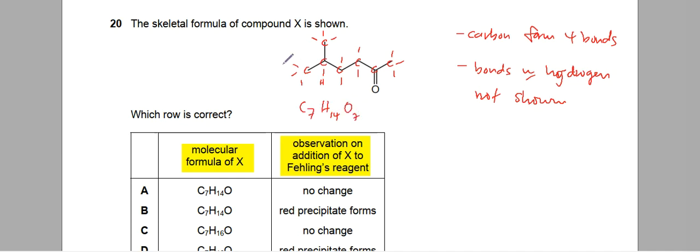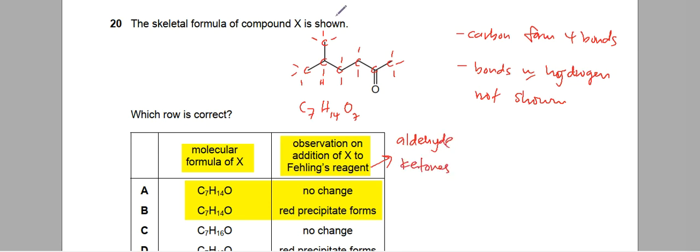So we are left with 2 options here. Fehling reagent is a test to differentiate aldehydes and ketones.